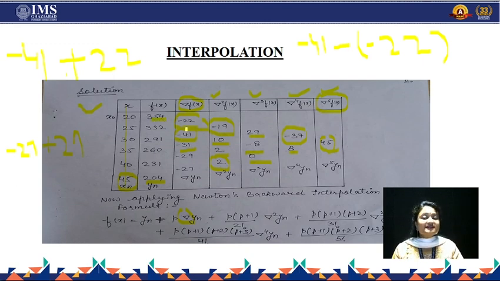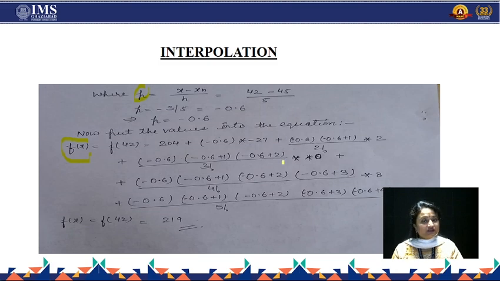Because this is the backward operator, and in the backward interpolation method we use only the last value of every column. That means 204 is the value of yn, minus 27 is the value of the first backward operator, 2 is the value of the second backward operator, 0 is the value of the third, 8 is the value of the fourth, and finally 45 is the value of the fifth backward operator. I hope it is clear now. Put the values into the formula, just solve it, and finally we will get the answer 219.